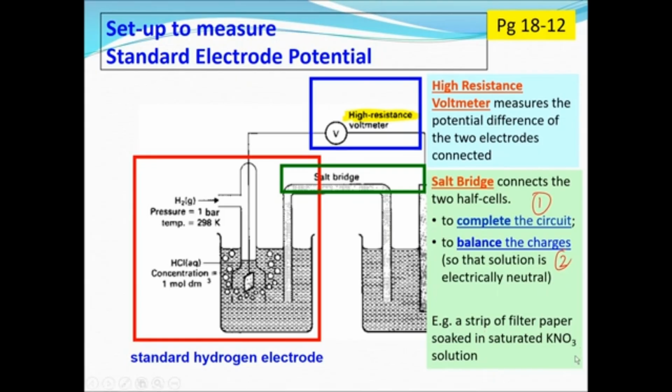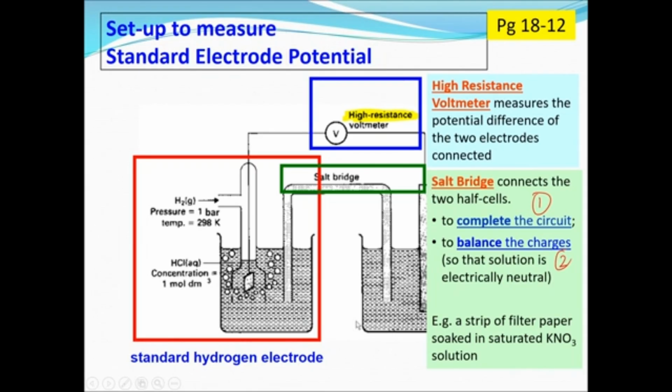We choose ions that do not react or form precipitate with other ions, and we just need a strip of filter paper, or it could be a porous membrane or porous materials to set up this salt bridge so that it can prevent the ions between the two cells from mixing together, minimize it.